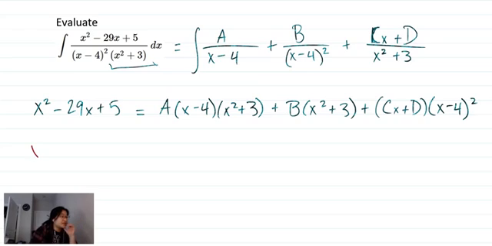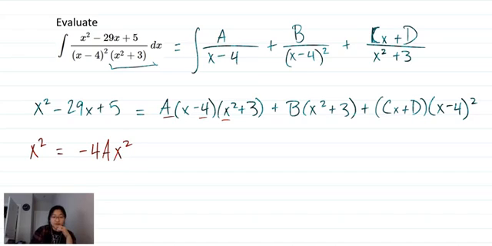So we have x squared, and that's going to give us A times negative 4x squared, right? So that's going to give us a negative 4A x squared.